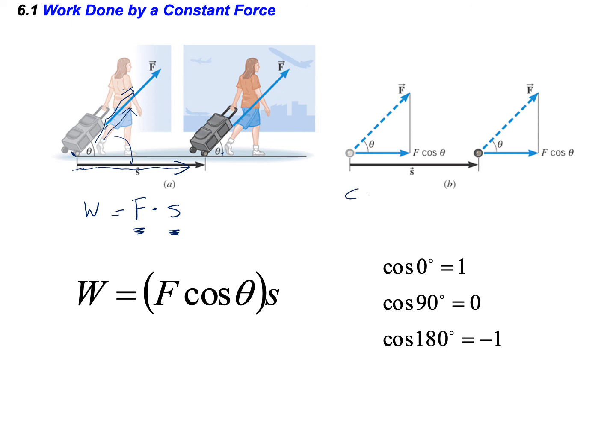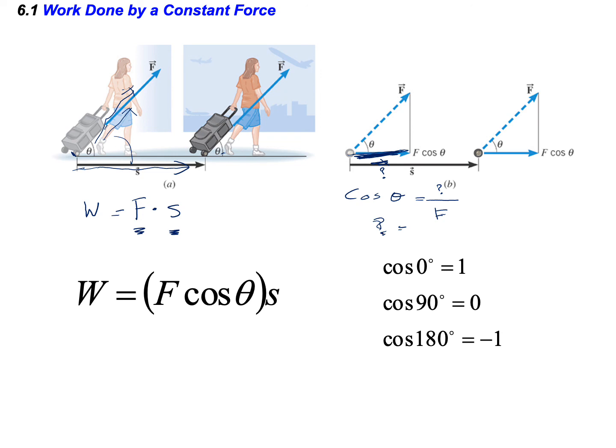If you take cosine theta, it is equal to adjacent, which we don't know, divided by hypotenuse, which is force. We need the horizontal component, the side of this triangle which is unknown.